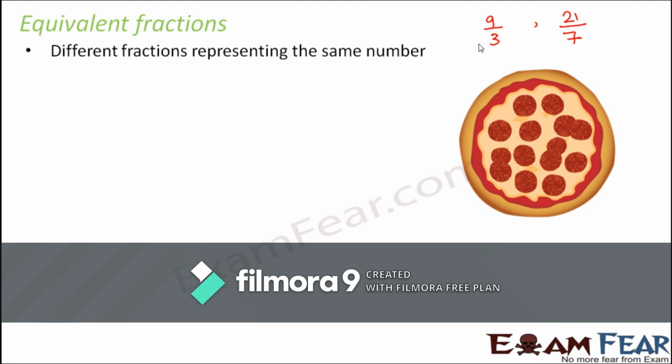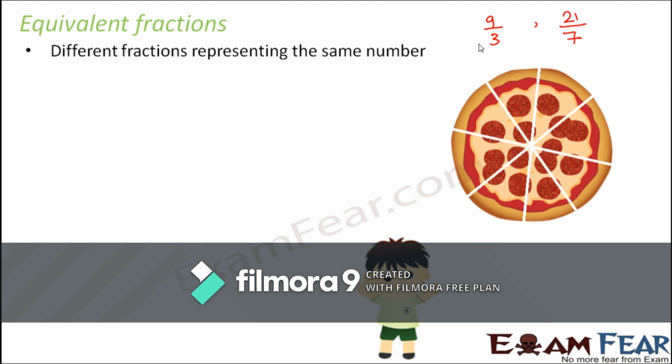So let us consider this example. Let's say there is a pizza and this little boy wants to have pizza. What he does is cut this pizza into 8 equal slices. And how many slices does he eat? He eats 2 slices of pizza.